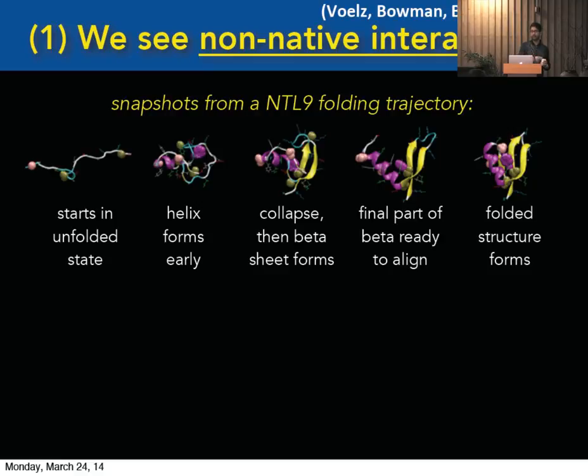In those methods, you typically break apart the stuff in A that's not in B, and then put the stuff in B that's not in A together. And in the movie that Liping showed for NTL9, we saw these steps where, until the very end, the protein had a series of non-native structure that wasn't present in the final structure.